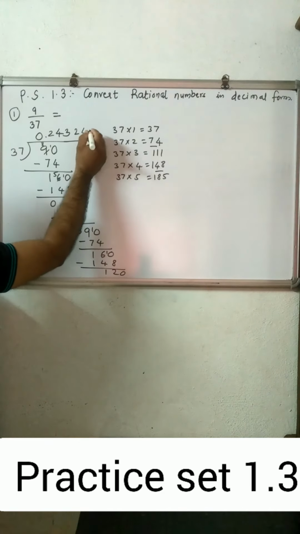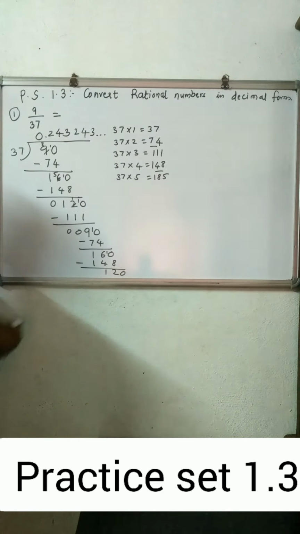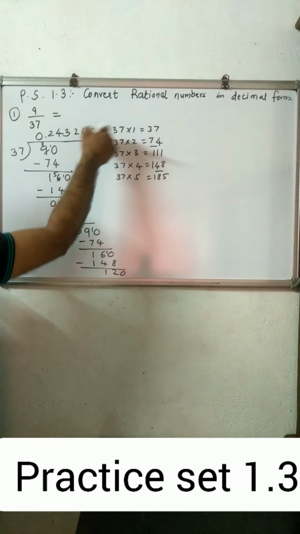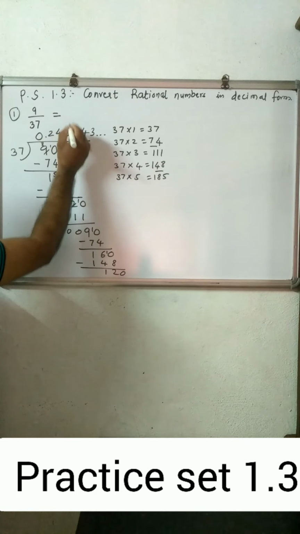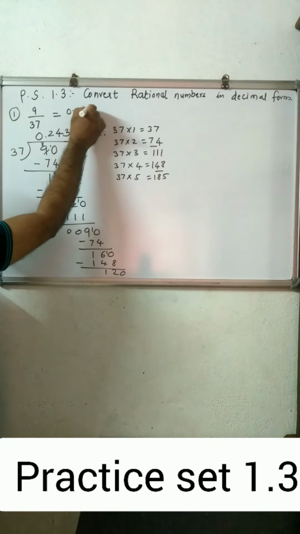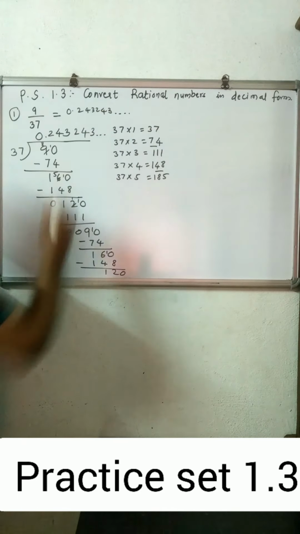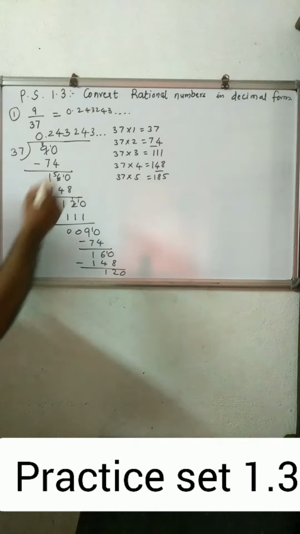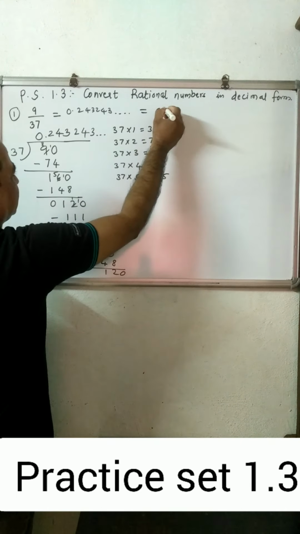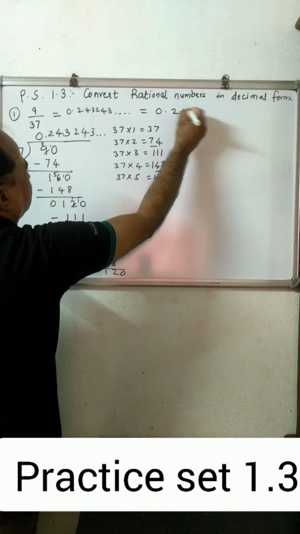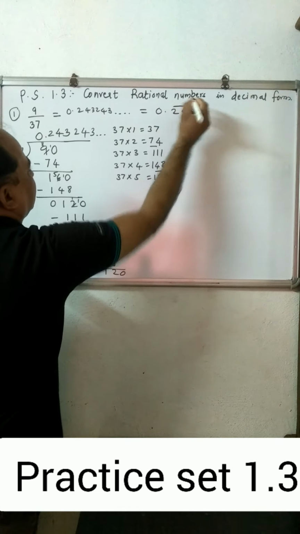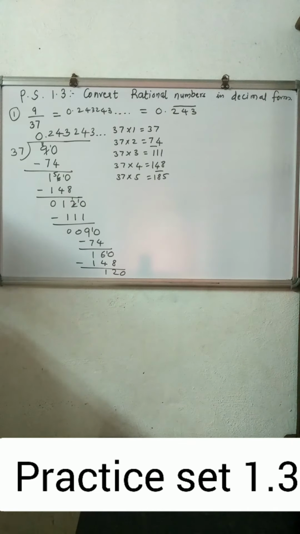Further, if you divide, you will get 3. So this will recur again and again, 243. 0.243243. So it will recur again and again. So you can write it in this manner. 3 digits are recurring, so you can put a bar over them. So 9 upon 37 is equal to 0.243 with a bar.